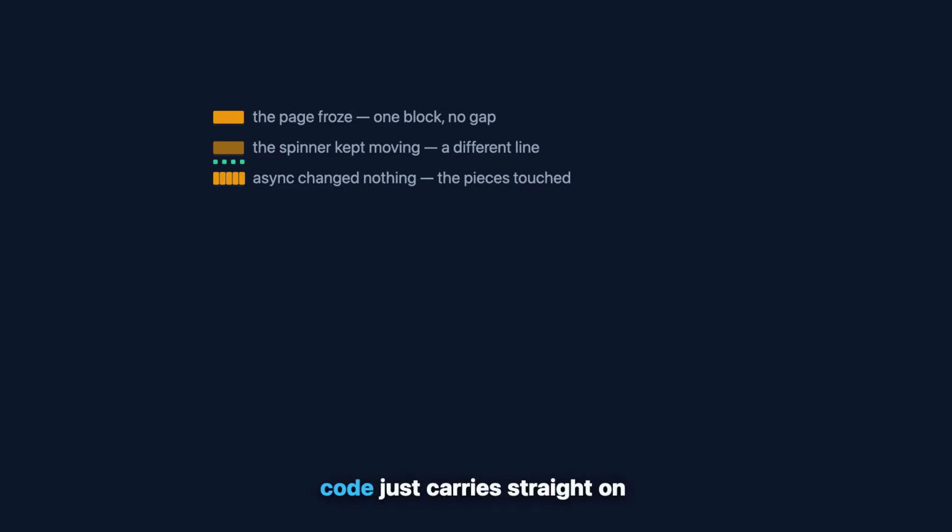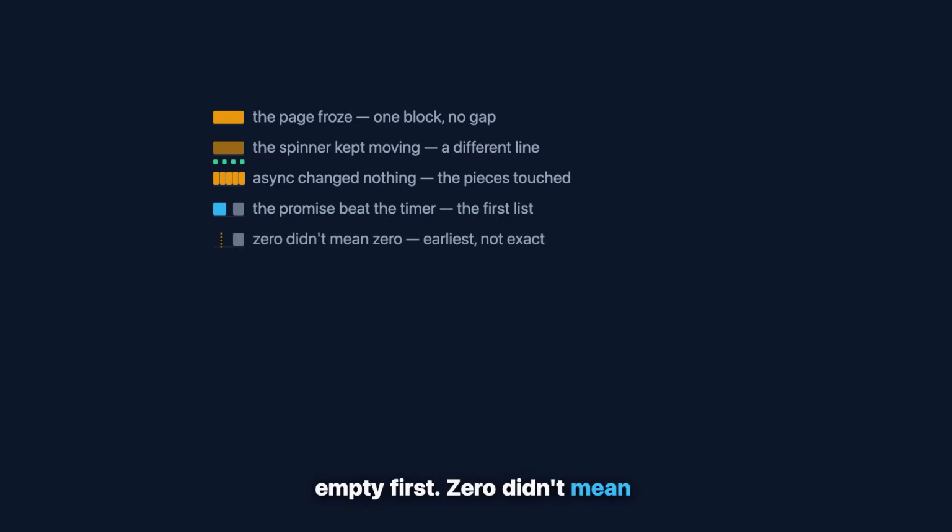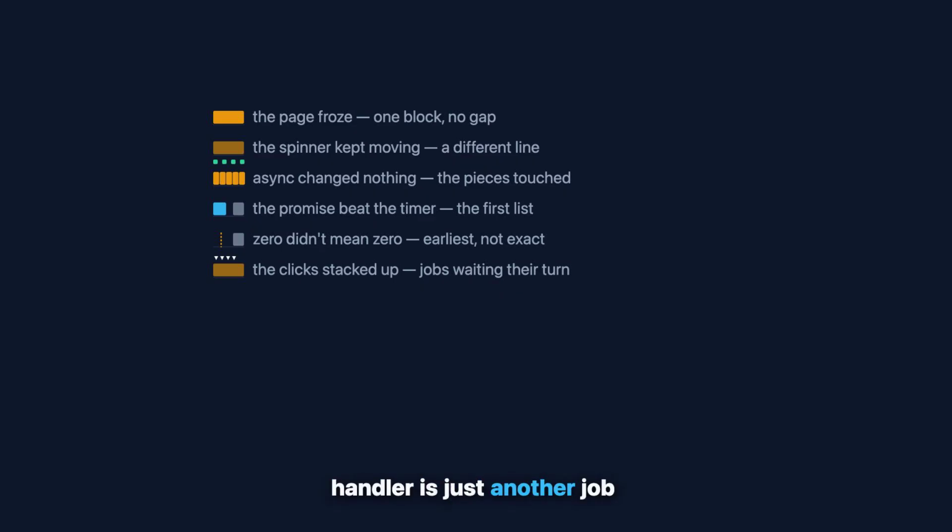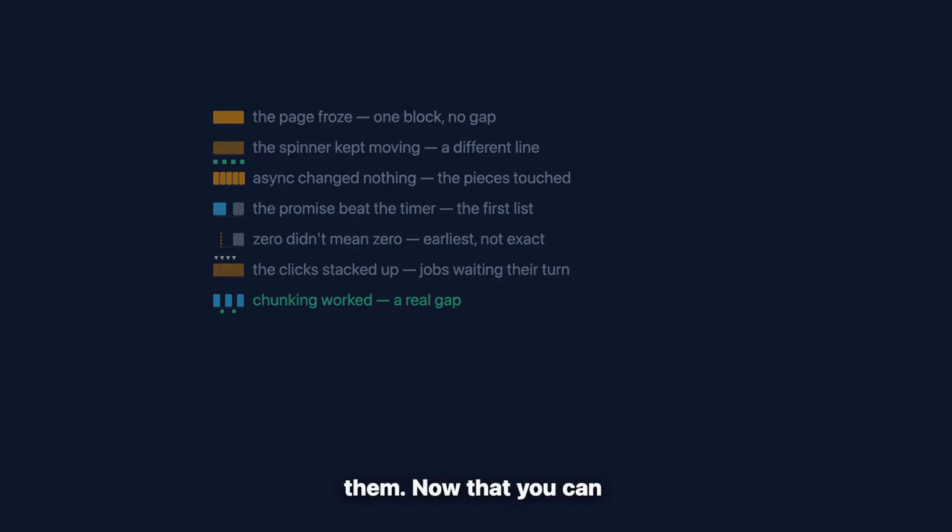Your code just carries straight on in the same block. The promise beat the timer because it was sitting on the list the browser has to empty first. 0 didn't mean 0 because a delay is the earliest time your code may run, not the time it will. The clicks stacked up because running a click handler is just another job waiting its turn. And chunking worked because it created real gaps, and the browser used them.